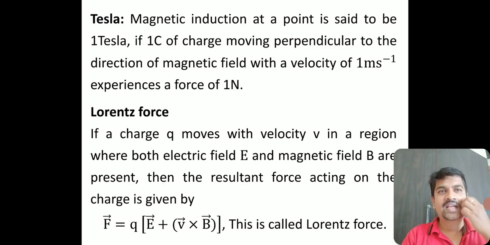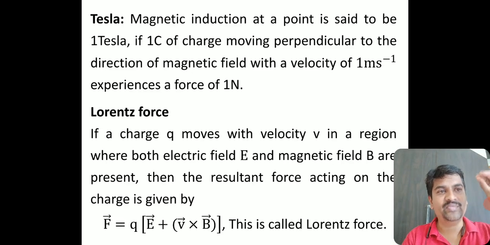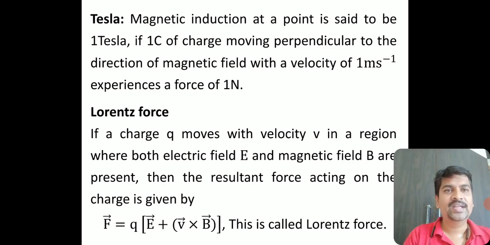How much is 1 Tesla? If a 1 coulomb charge moving perpendicular to the field with 1 meter per second velocity experiences 1 Newton, then the magnetic field there will be 1 Tesla. That is how I can define the Tesla.